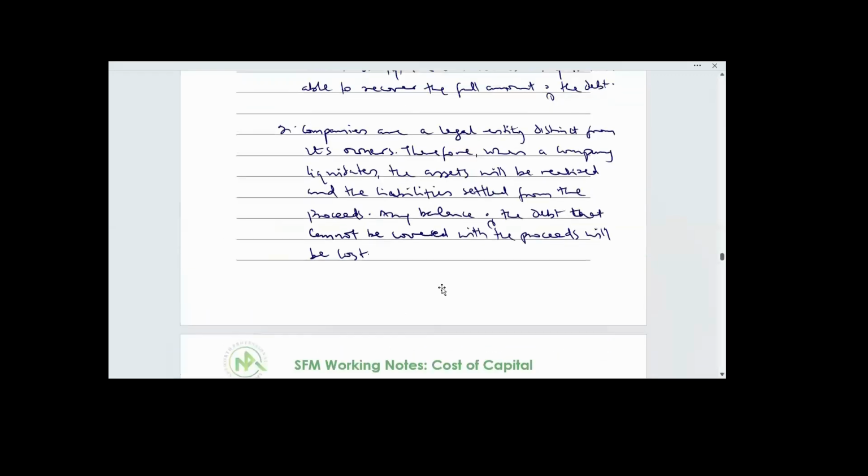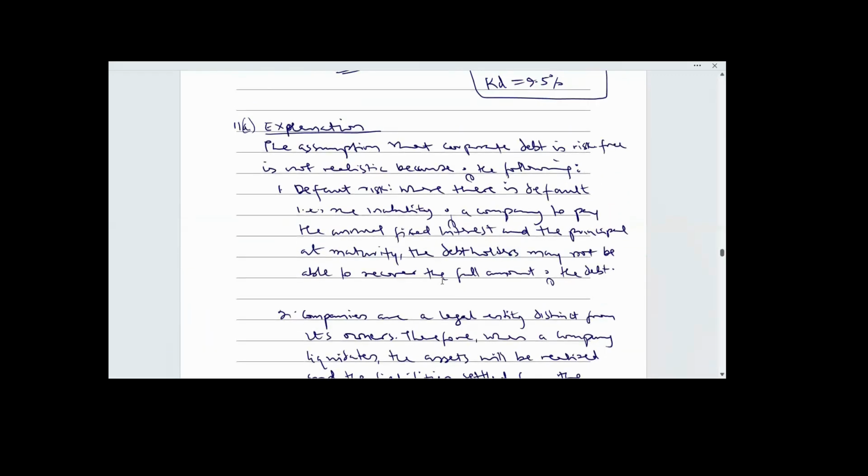So this is how we are going to justify that explanation that says that corporate debt is often assumed to be risk-free. What I'm trying to explain here is that in the first one, we talk about default risk. Say you approach your bank for a loan, and that loan is provided by the bank, and then you are expected to be paying annual interest on that loan.